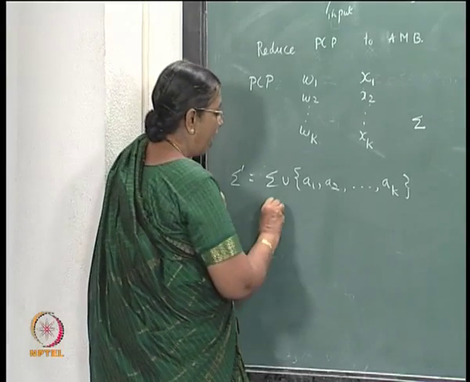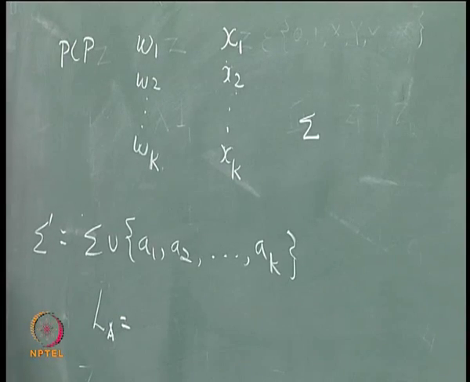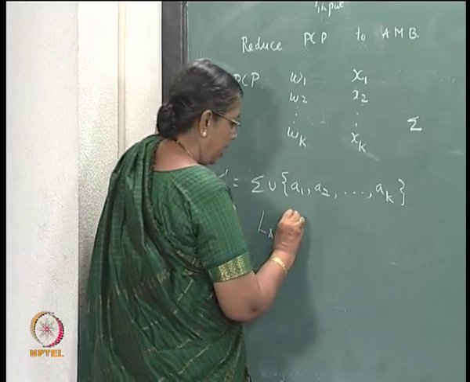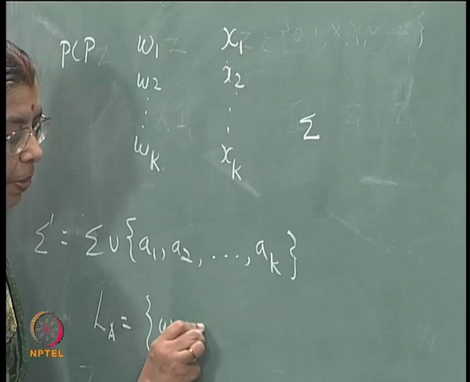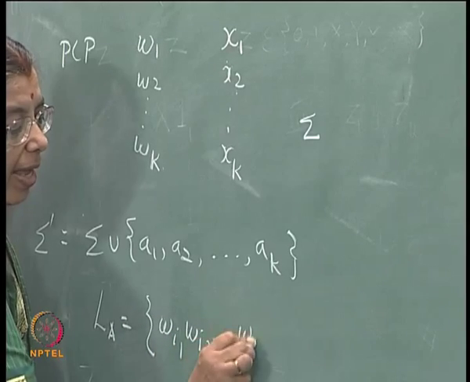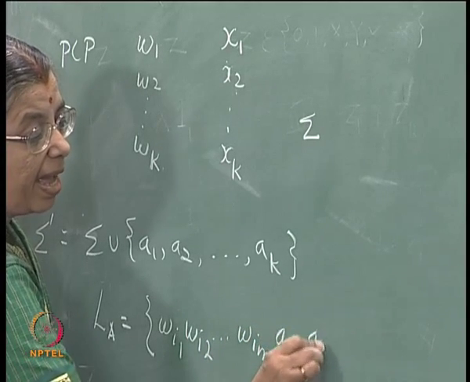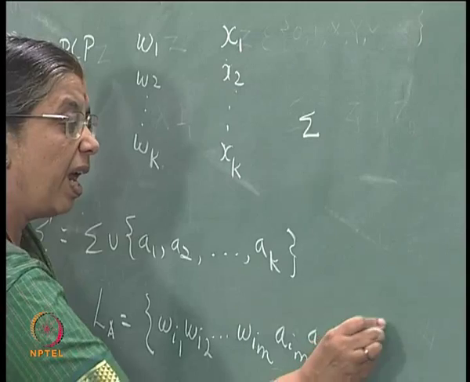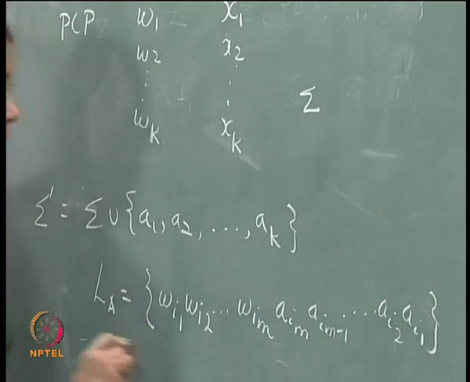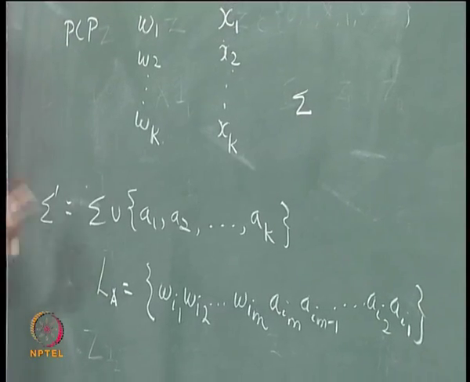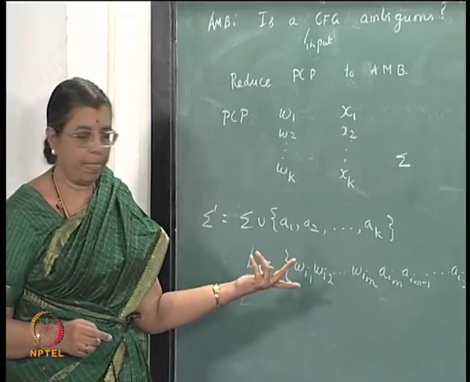Now, consider a language LA. LA is a set of words of the form Wi1, Wi2, ..., Wim, Aim, Aim minus 1, up to Ai2, Ai1, where i1, i2, ..., im are all integers between 1 and k.